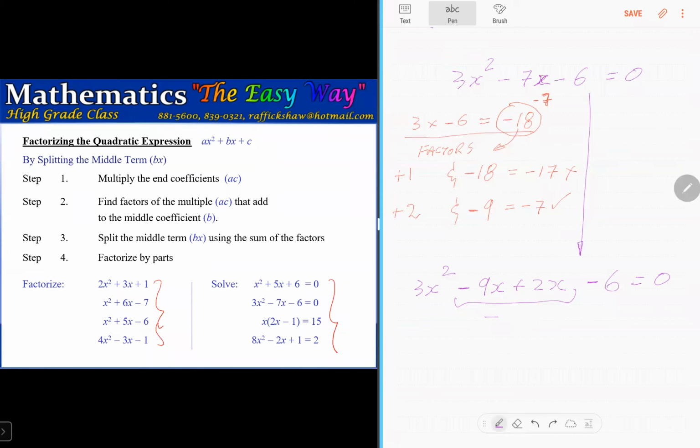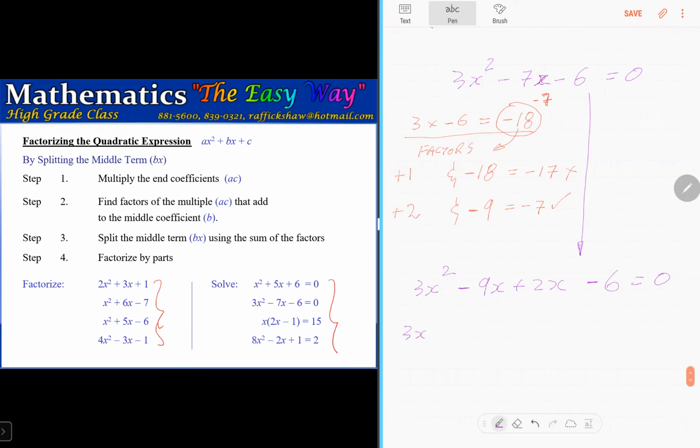Now I factorize. I'm going to factor the first two terms and factor the second two terms. But the key thing is that the two brackets must have the same thing. The highest common factor in the first two terms is 3x.